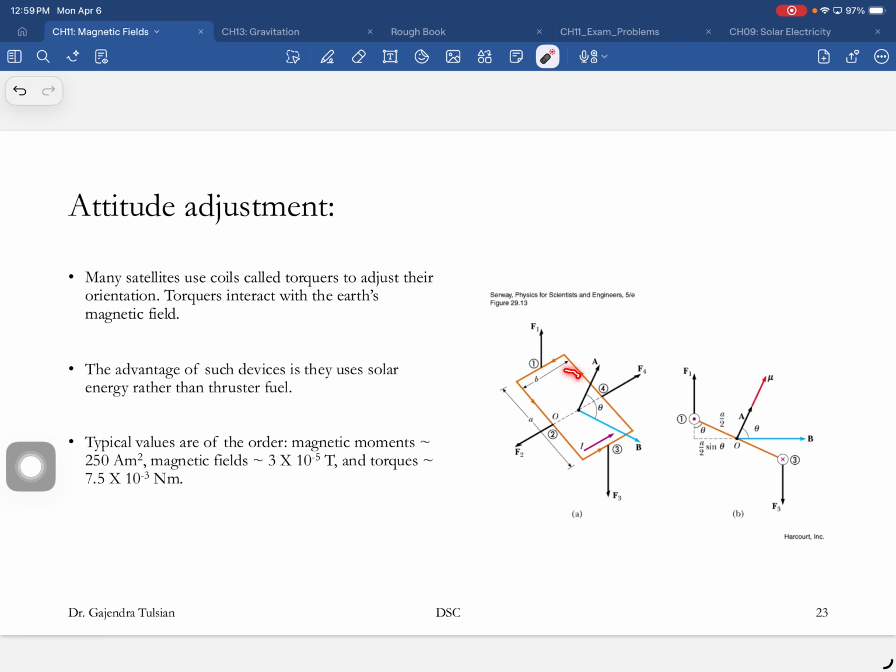Okay, so these torquers can be used in low Earth orbits. If you're too far above, for instance, these are not useful for geostationary satellites. Okay, so you have to be close to the surface of the Earth, so they can be used in low Earth orbits.